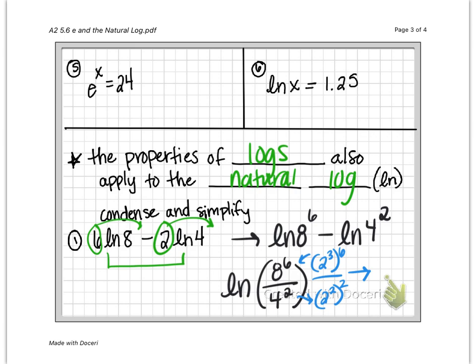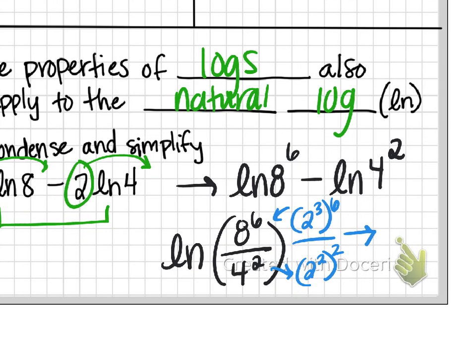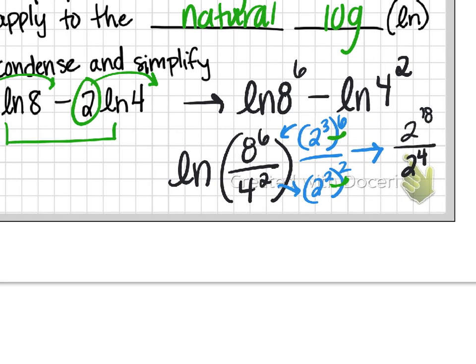What do we do with these exponents? We subtract them. Well, first, what do we do with these two? Yeah, we're going to multiply those. So we get 2 to the 18th over 2 to the 4th, which becomes what? Now we subtract 18 minus 4. 14. So we've got natural log 2 to the 14th.